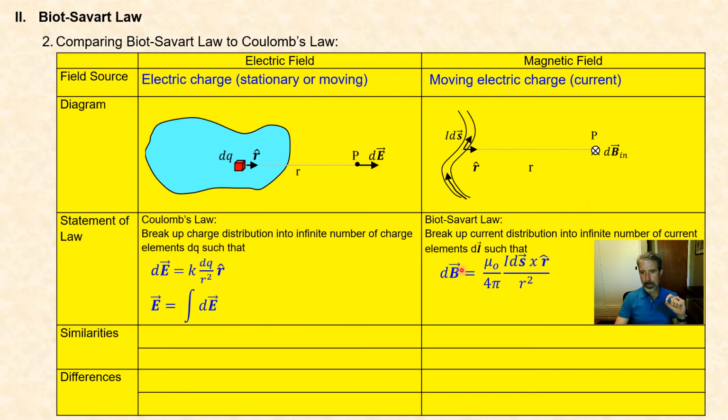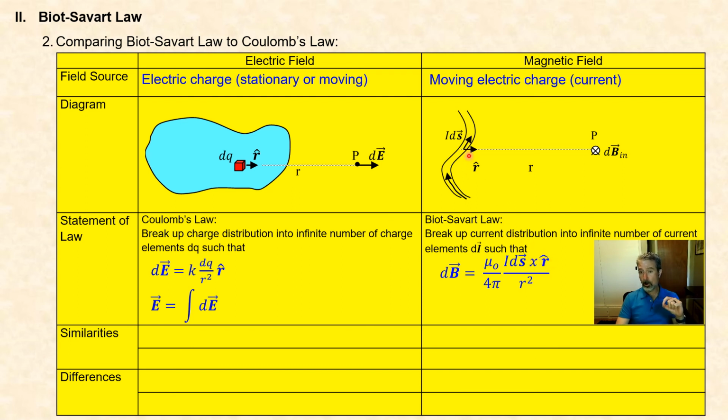The infinitesimal contribution that small piece of the wire, that current, makes to the magnetic field here at point P goes like mu naught, this permeability constant, divided by 4 pi, times I ds. ds we will see is this infinitesimal displacement vector defining the direction of the current, cross r hat.